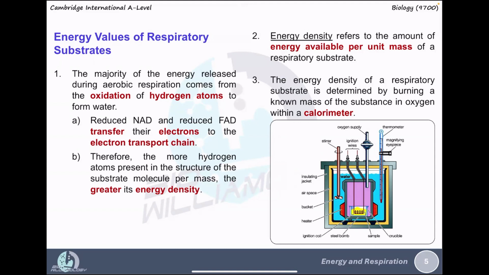Inside the chamber, we can burn a known mass of, for example, carbohydrates, lipids, or protein. Due to the release of heat energy, this heat transfers to the water. By using this thermometer, we can measure the increase in temperature. By using a particular formula, we can calculate the energy released.